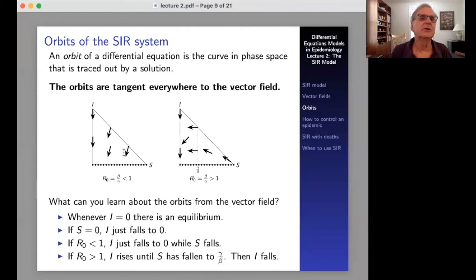Let's look at the interior orbits here when R naught is less than 1. When R naught is less than 1, what happens is that solutions go down and to the left, and end up at some equilibrium. They go to the left because the infectives are passing the disease on to susceptibles, so the number of susceptibles is decreasing.